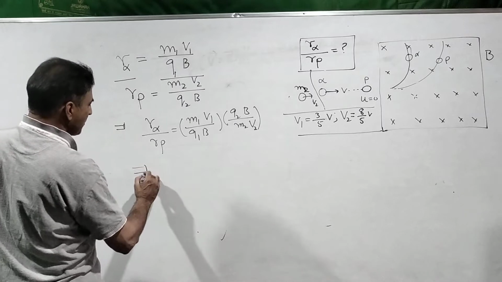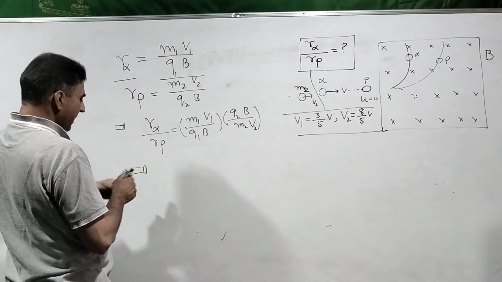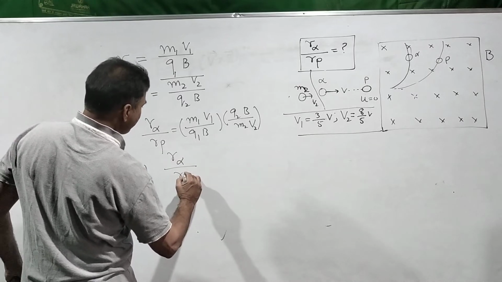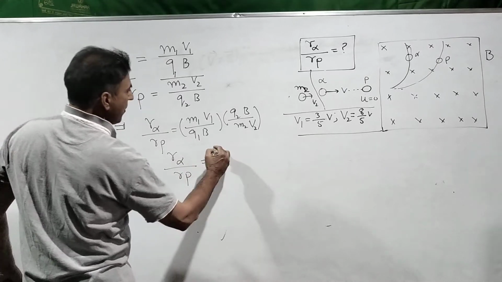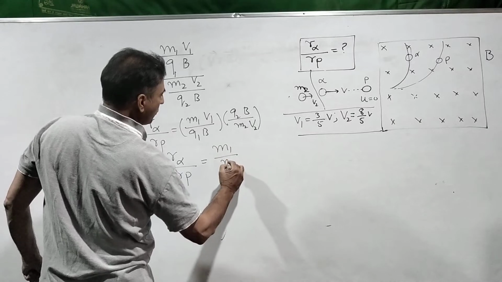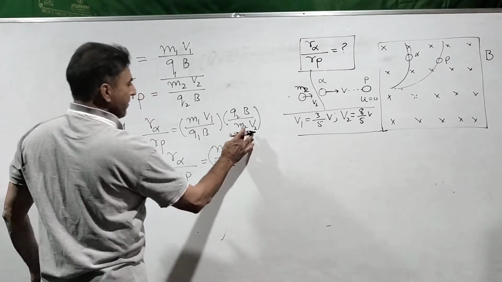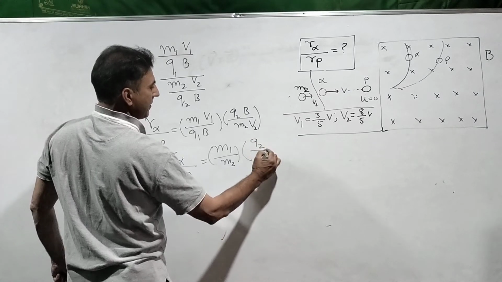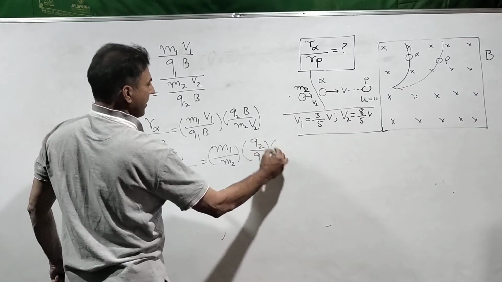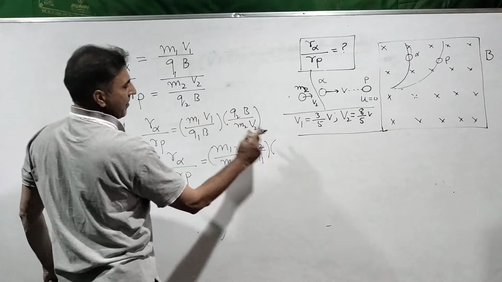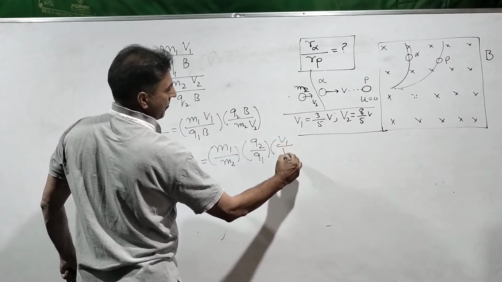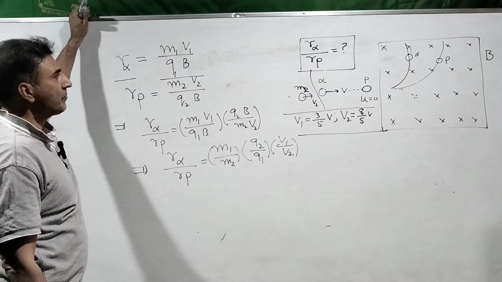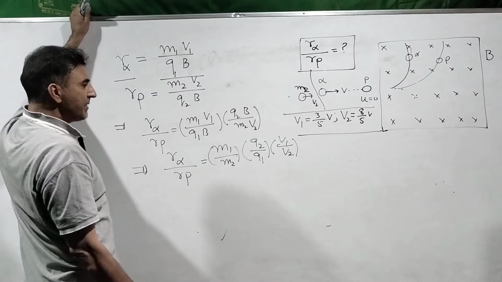Second step: R alpha by R proton is equal to m1 by m2, which I wrote earlier, into q2 by q1, into v1 by v2, right?